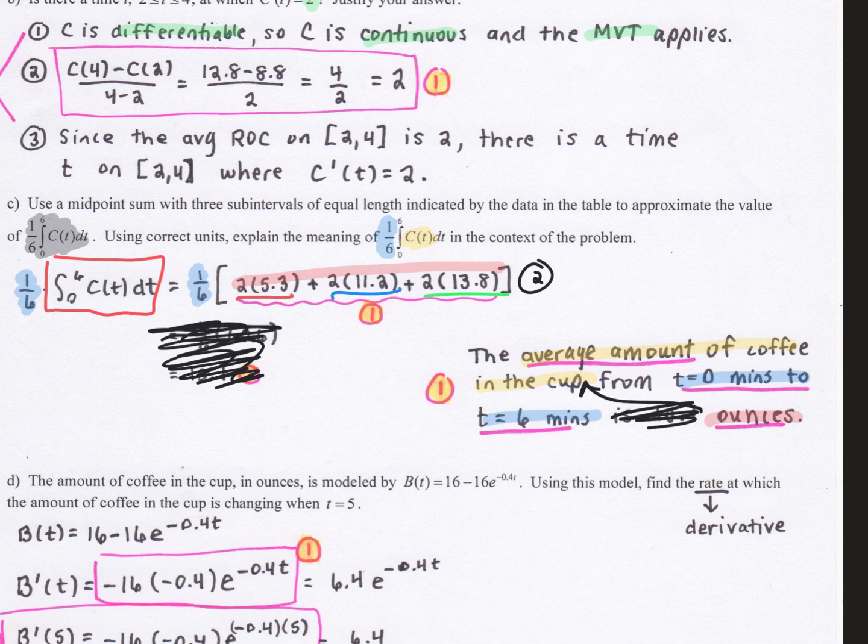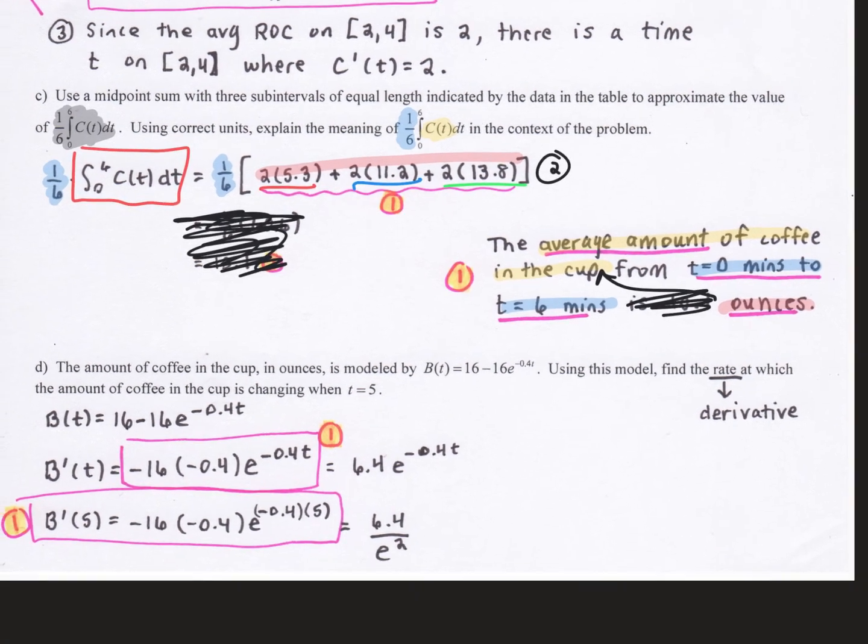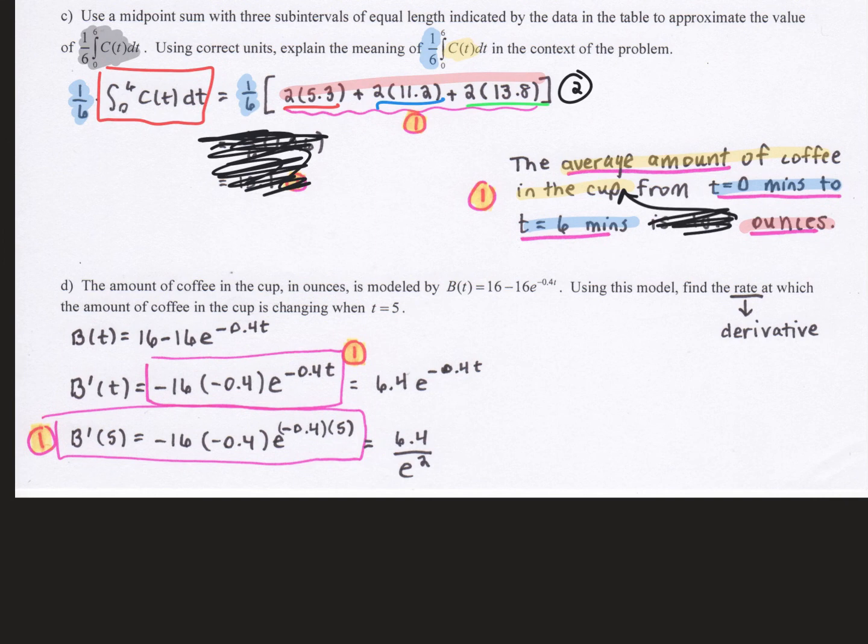And then in part D, I'm given a function B, which is the amount of coffee in the cup, and I'm asked to find the rate at which this amount is changing. We know that a rate simply just means a derivative, so I just need to find what B prime is. The constant of 16 is just going to zero out, so the 16 is gone.